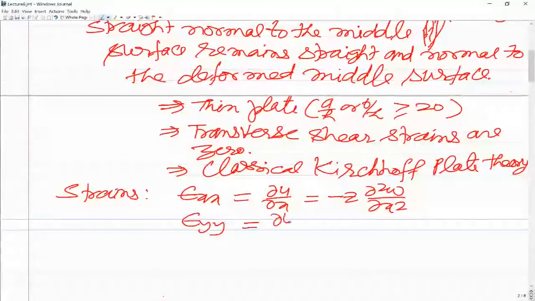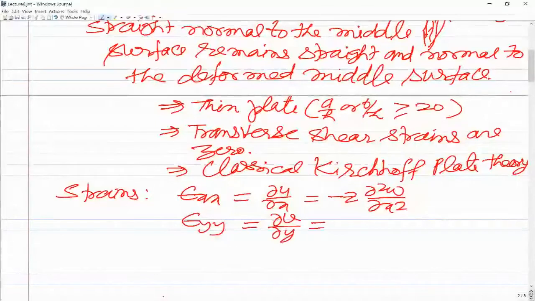Similarly, the strain along the y direction would be del v by del y, and of course we are assuming that the curvatures del 2w by del x square and rotations del w by del x are small, so the nonlinear terms in the strain displacement relations are neglected.